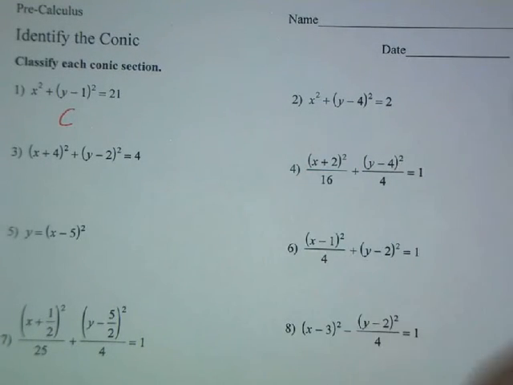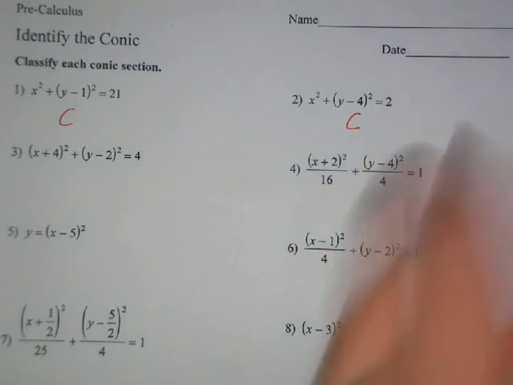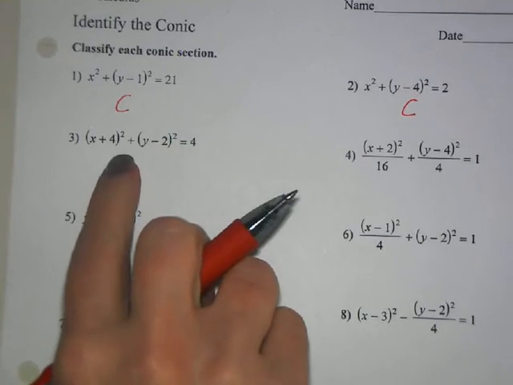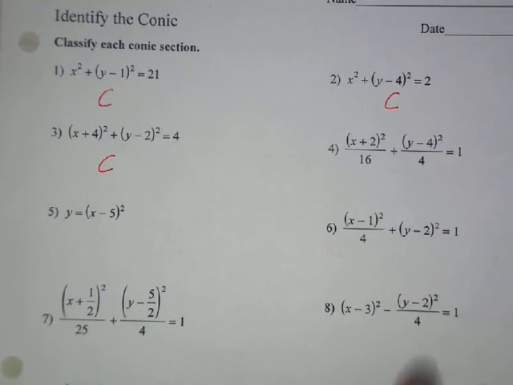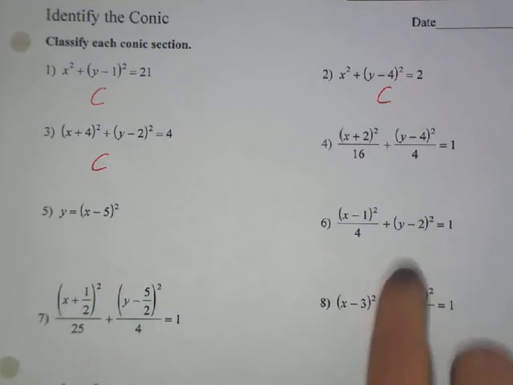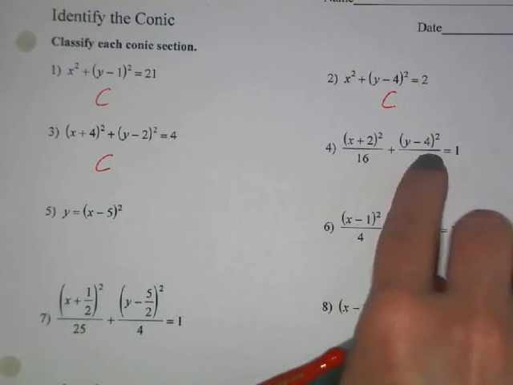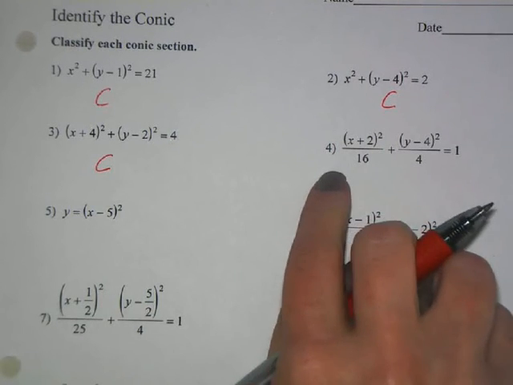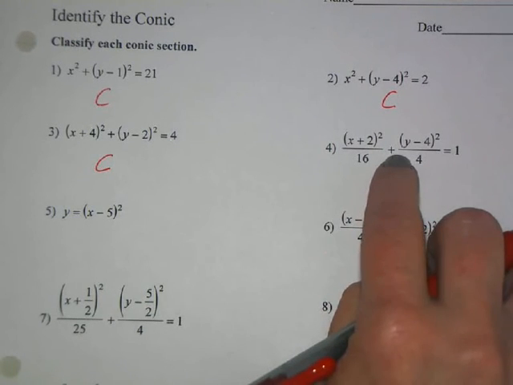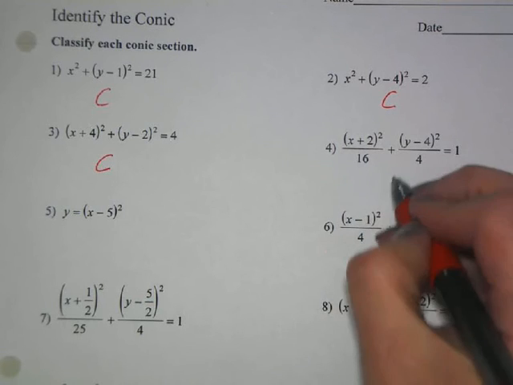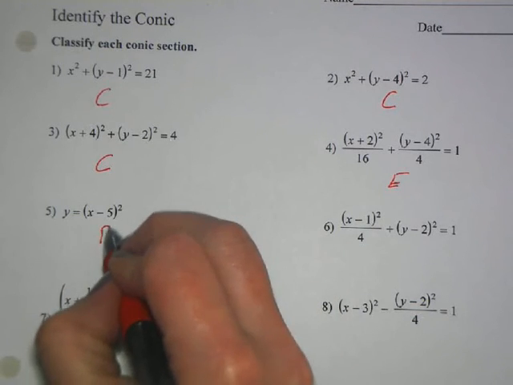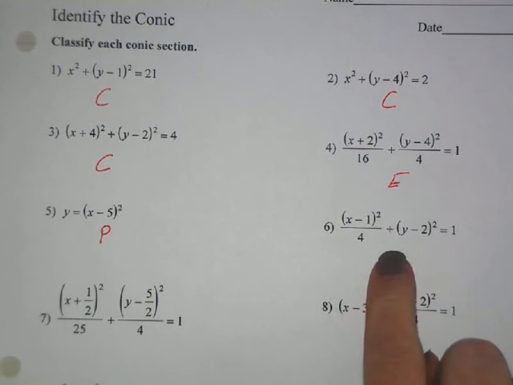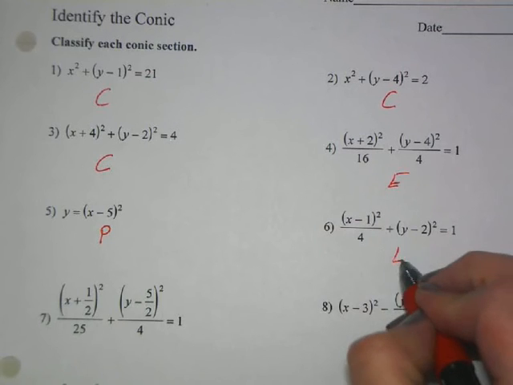Number 2. That's also a circle. Number 3. Also a circle. Number 4. That is an ellipse, all right? I've got equal to 1s divided by numbers, and I've got a plus in between here, ellipse. Number 5. Parabola. That's only got one thing squared. Number 6. Ellipse.